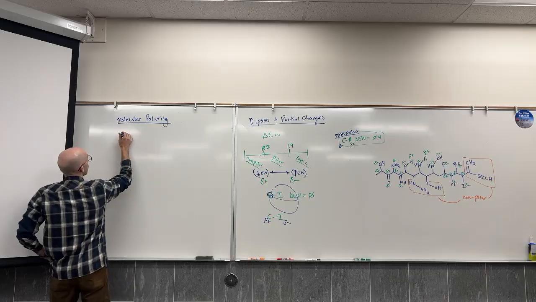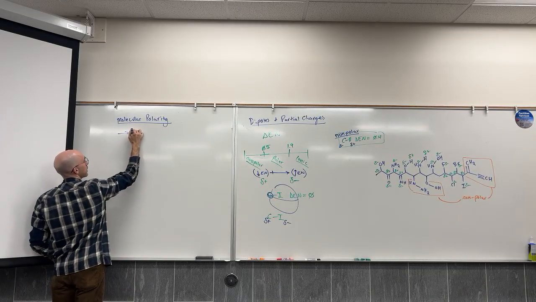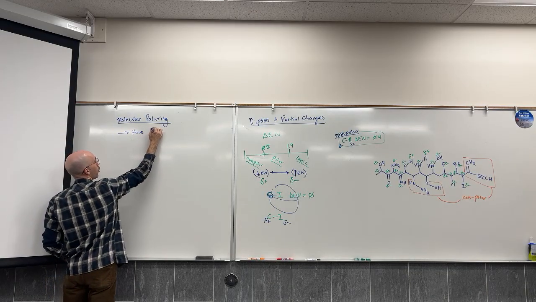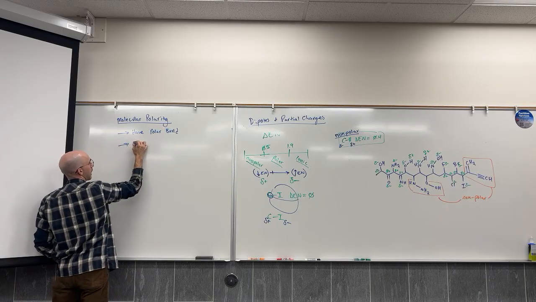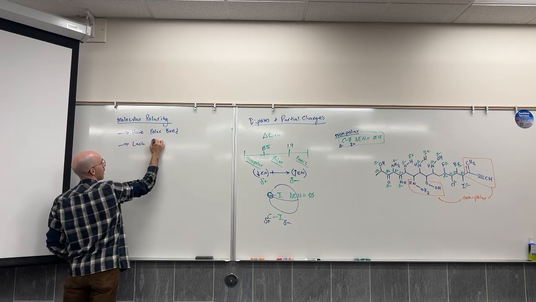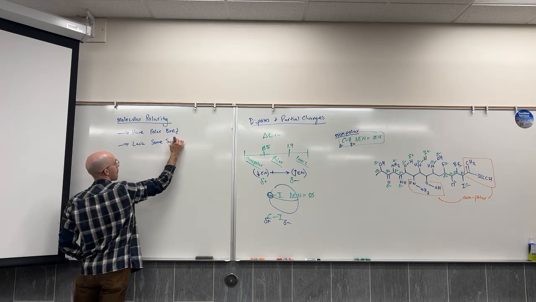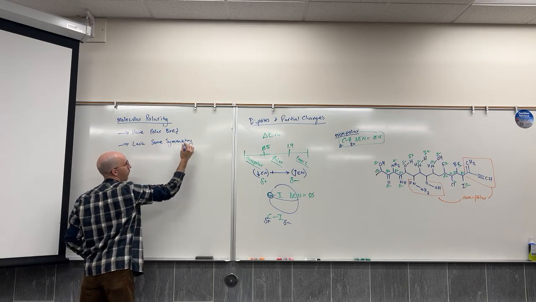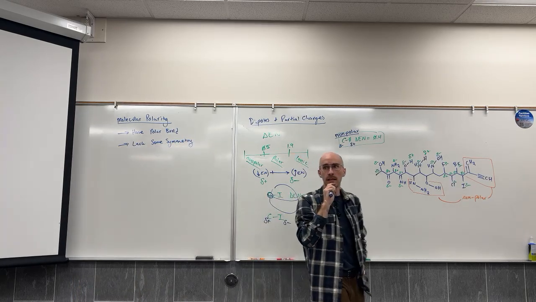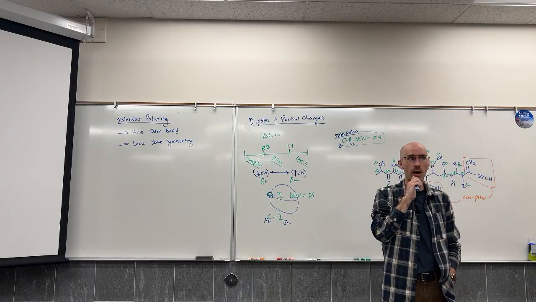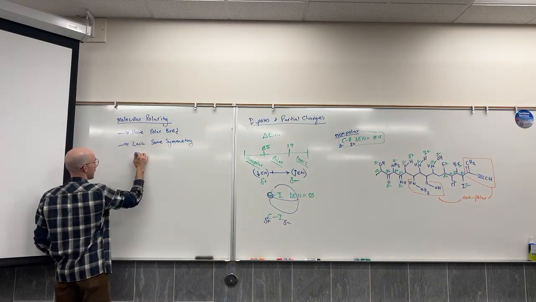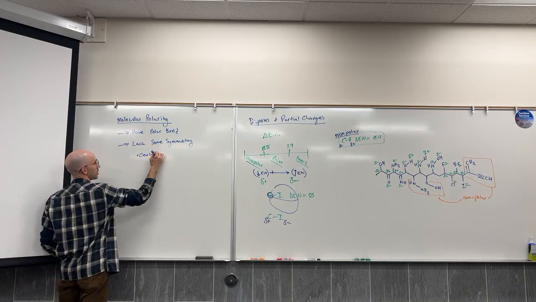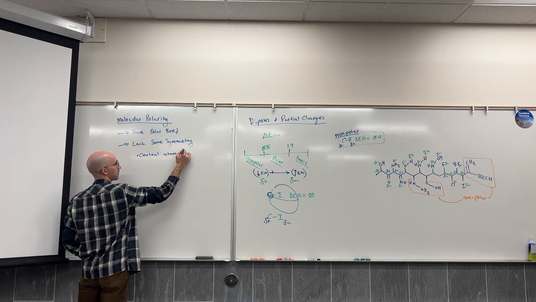So a molecule must have a polar bond. It must also lack some symmetry. That lack of symmetry can show up in a number of different ways. A lack of symmetry might be that the central atom has lone pairs.